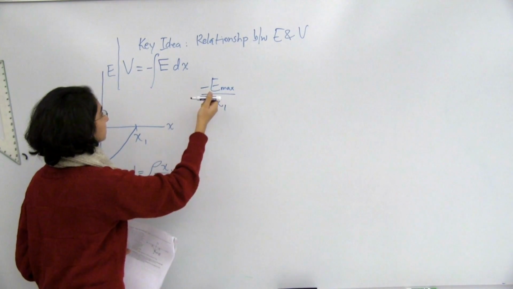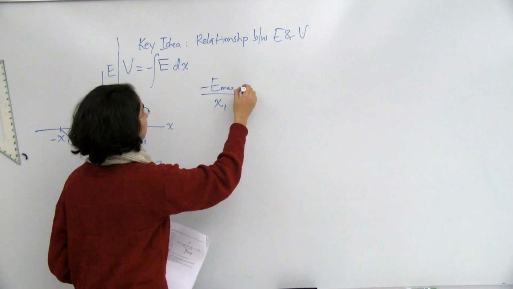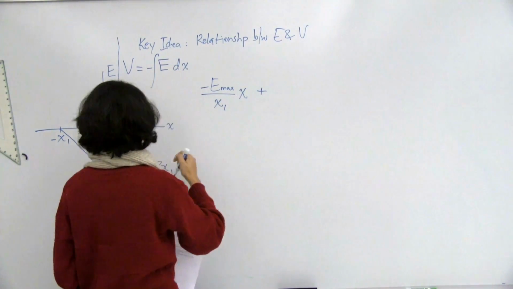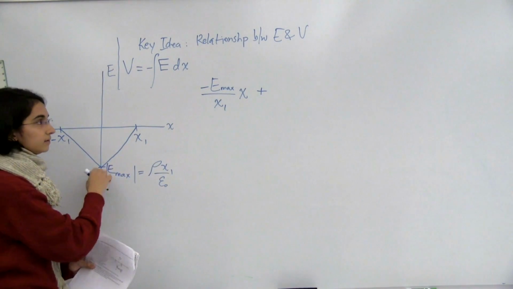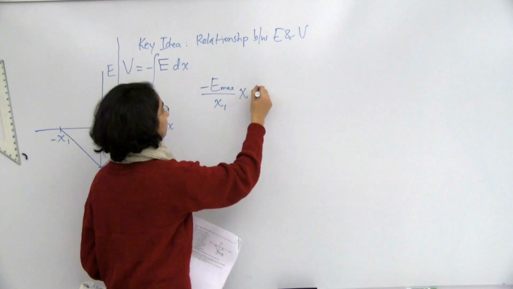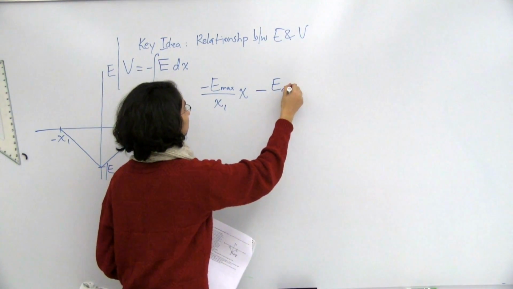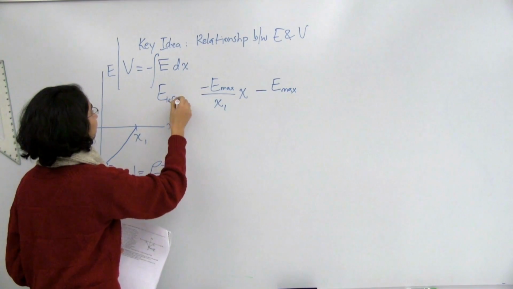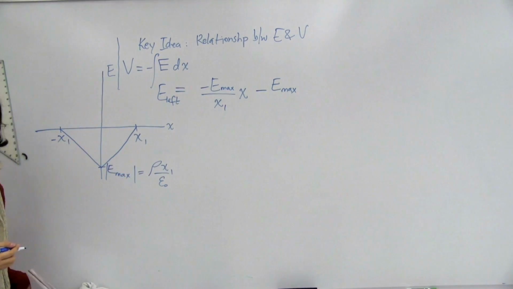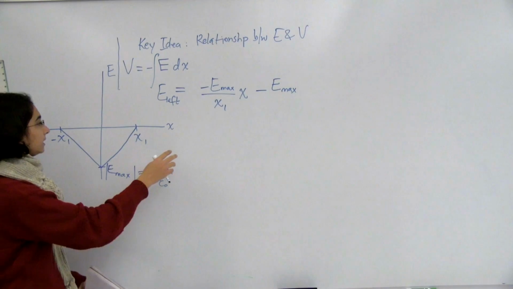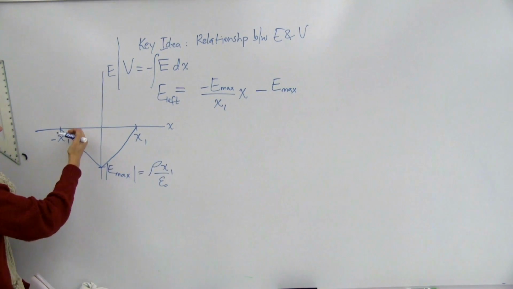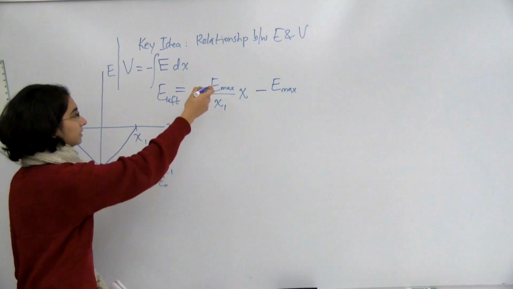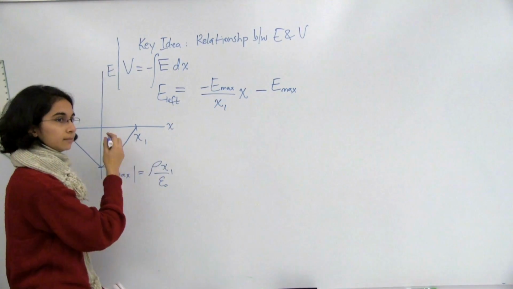So that's my slope, and slope times x plus your y-intercept, which is negative here, gives your E. To find the potential difference for this part, I would integrate that expression times dx.